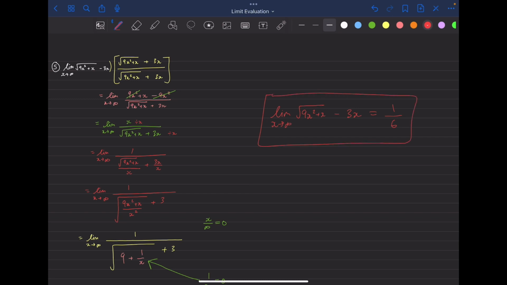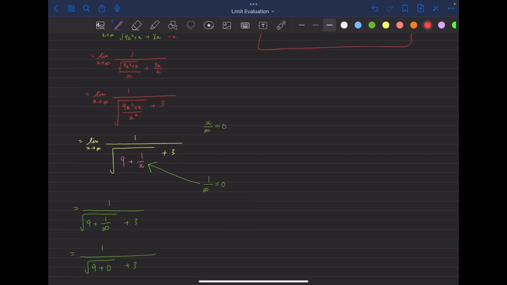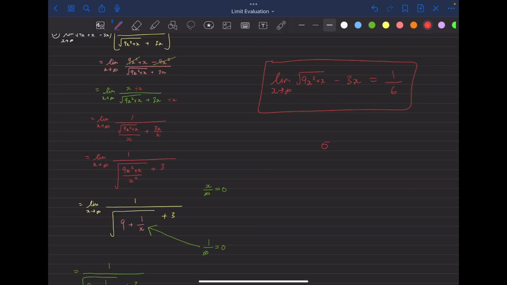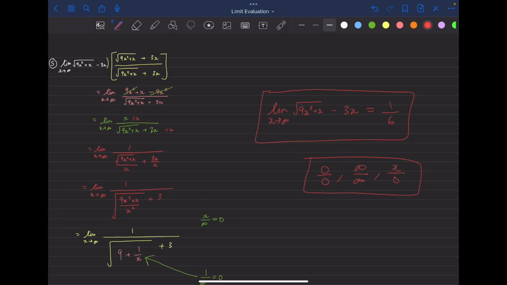But yeah, so quick summary of what you should look for usually. If you have 0 over 0, let me write that down again. So 0 over 0, or infinity over infinity, or something over 0, all these are invalid. You have to do something to avoid them. In this case, if you kind of went for it, you would have had infinity.